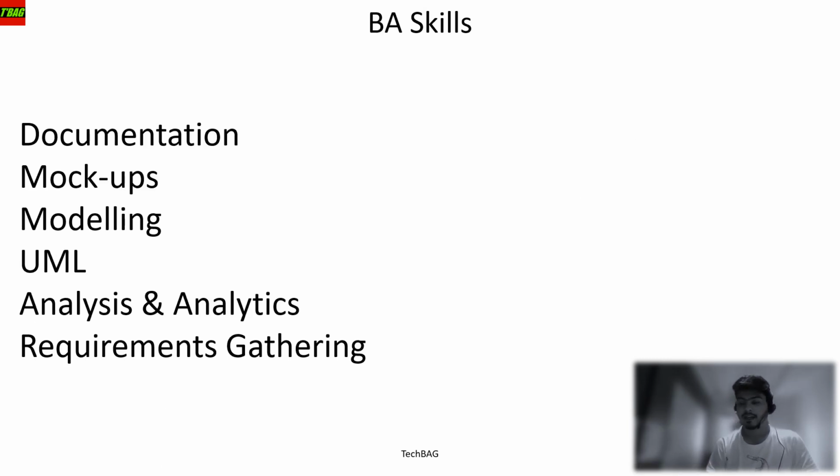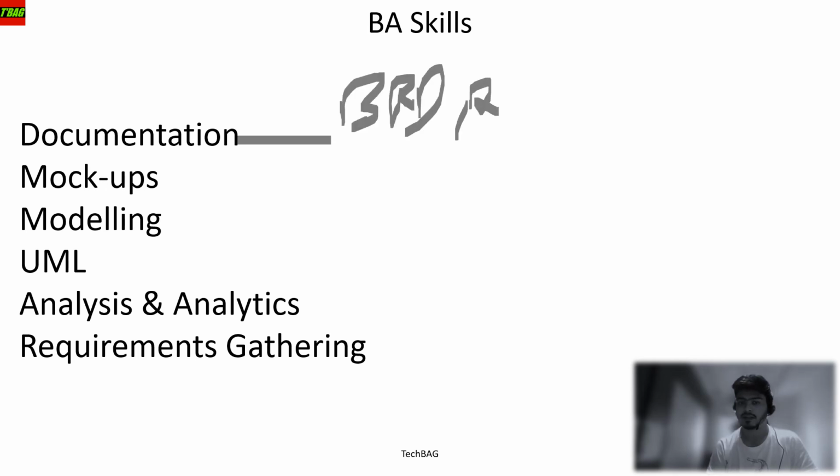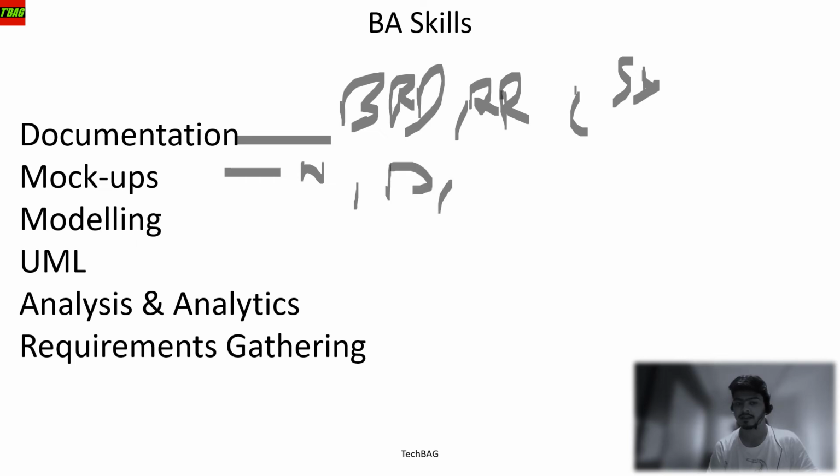Coming to the BA core skills, you have documentation: how to create the BRD, FRD, SRS, all the documentation. You need to have mock-up wireframing and system designing. In modeling, you again have wireframes.